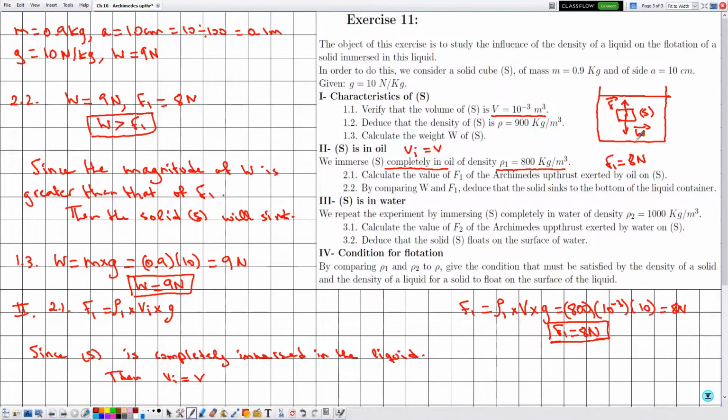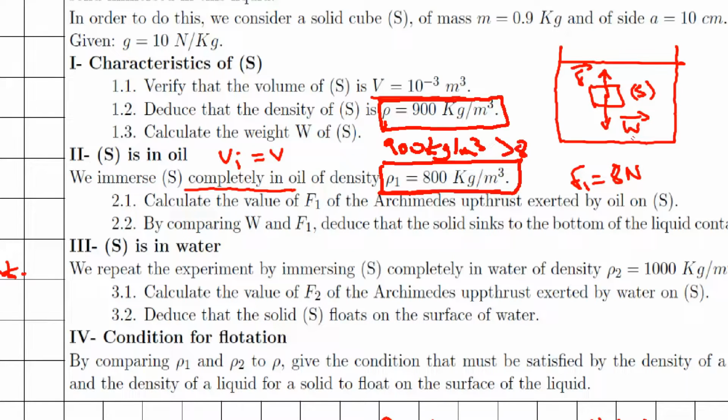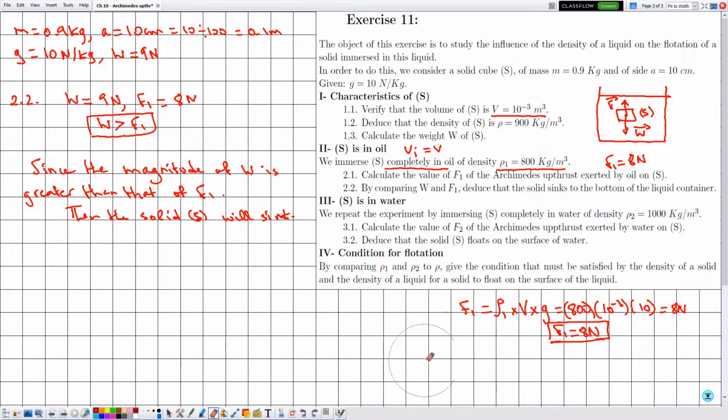And this is reasonable because if we compare the two densities, the density of the solid is given by 900 and the density of the liquid, which is oil, is given by 800. Notice that 900 kilogram per meter cube is greater than 800 kilogram per meter cube, which means that the solid is more dense than the liquid, then the solid will sink. So here let me say that the result is sinks.